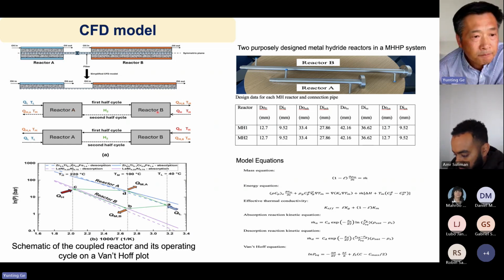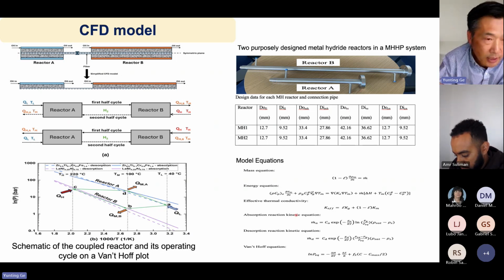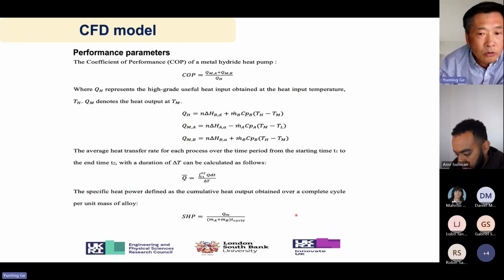This is the first half cycle solid line, and this is the first half solid line for the high pressure and low pressure operation here. And these are the dimensions for these two reactors. This is the actual design we have built and installed in the test rig. And these are some equations utilized for the CFD modeling, so we won't go into those details.